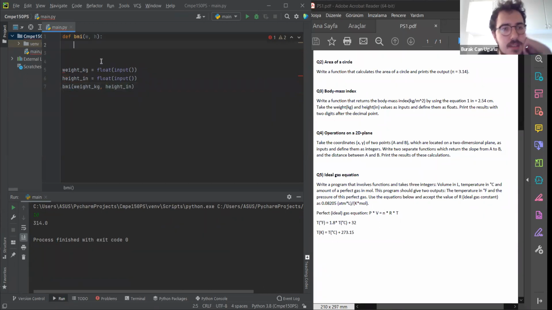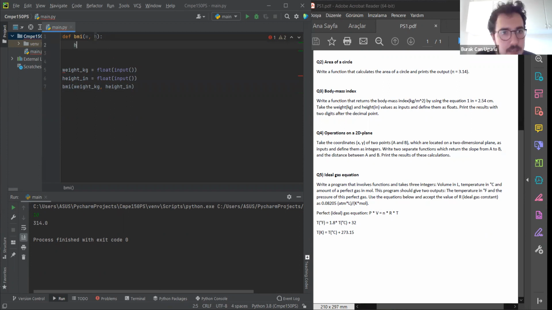So this function takes the weight in kilograms as a parameter W and the height in inches as a parameter H. First of all, it should convert this H value, the height in inches, to meters to find the real equation of this body mass index formula.